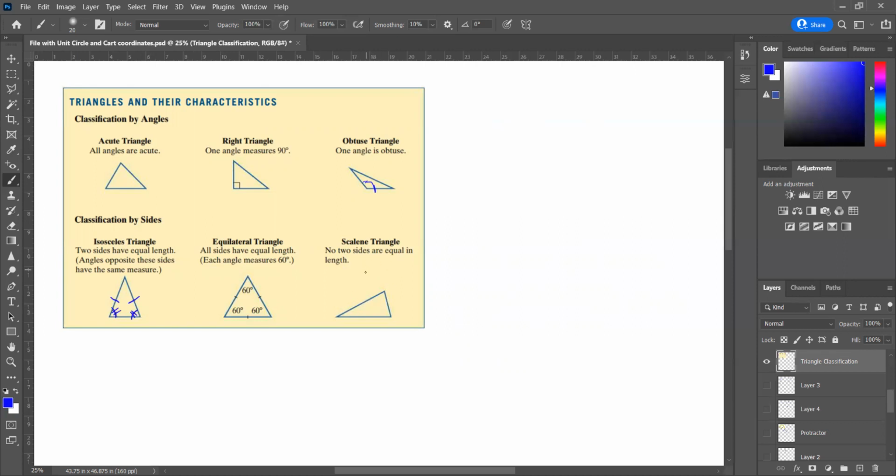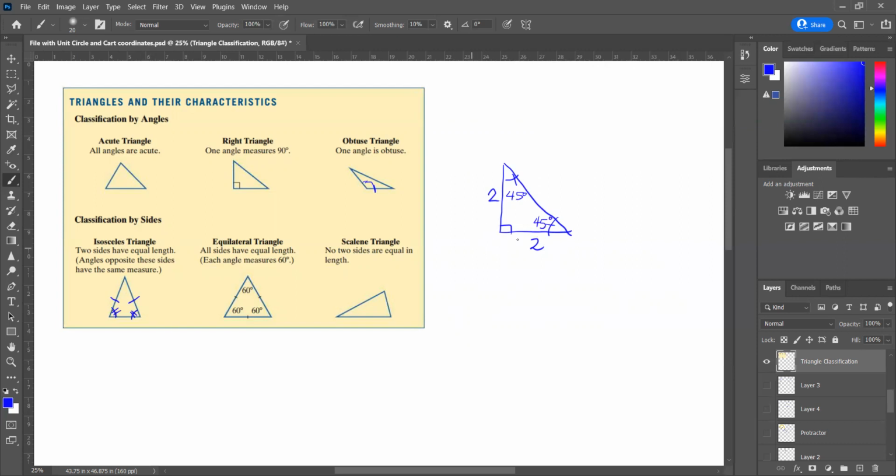So notice that we can have an isosceles right triangle. This could be 90 degrees, and each of these might measure 2 feet, say. That's quite possible. And if both of those measure the same, then these angles have to be the same, which would make them both 45 degrees, because that's what it takes to add up to 180.